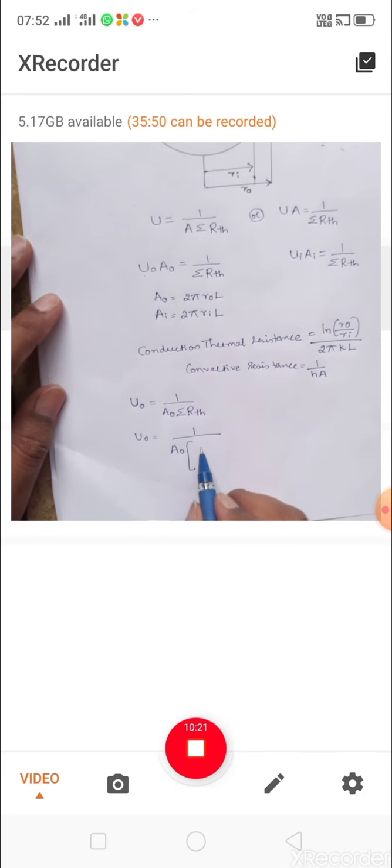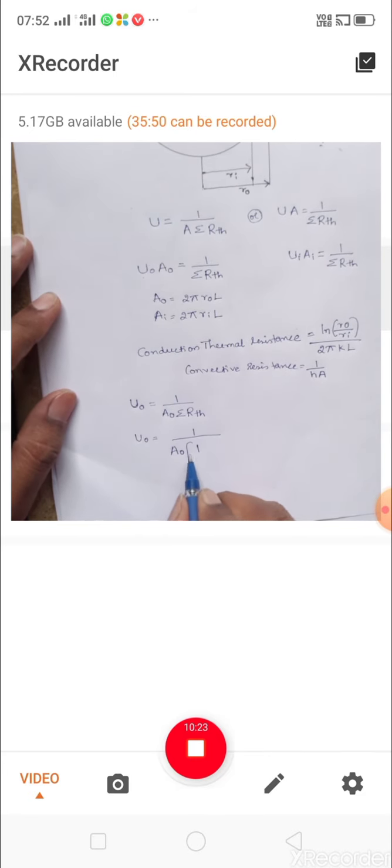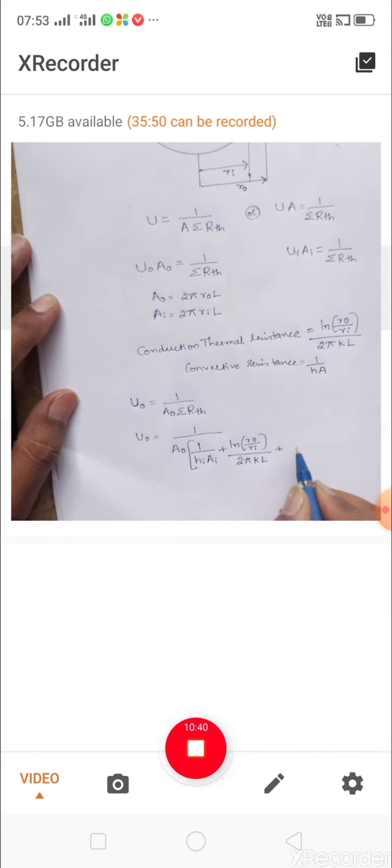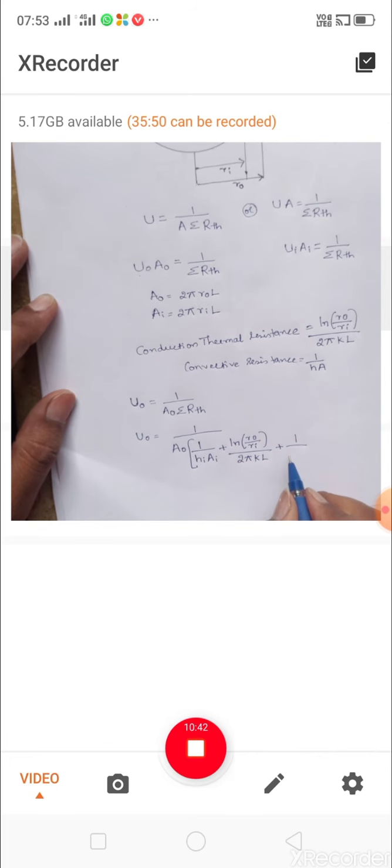Convective thermal resistance is given by 1 divided by Hi into Ai, plus log to the base e of R naught by Ri divided by 2 pi KL, plus 1 divided by H naught into A naught.